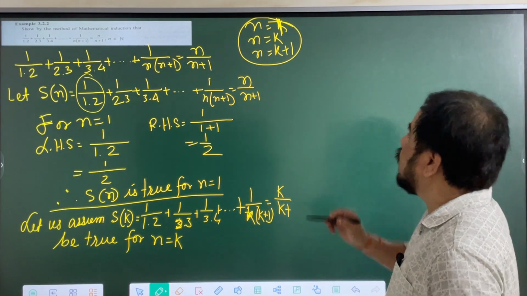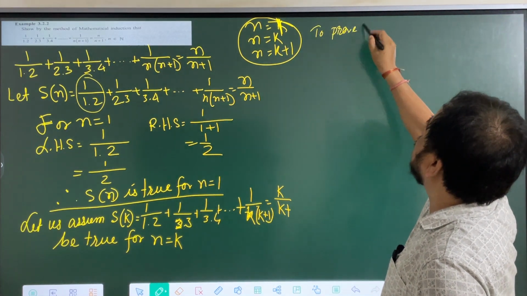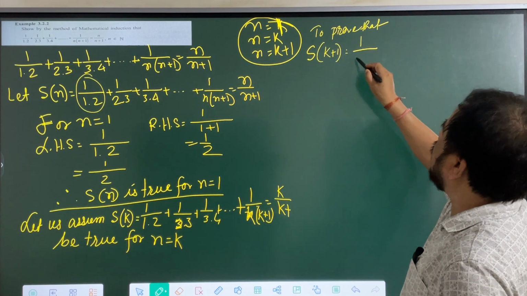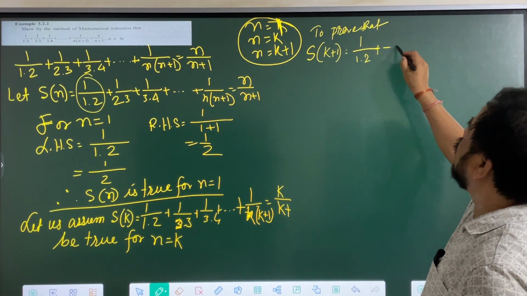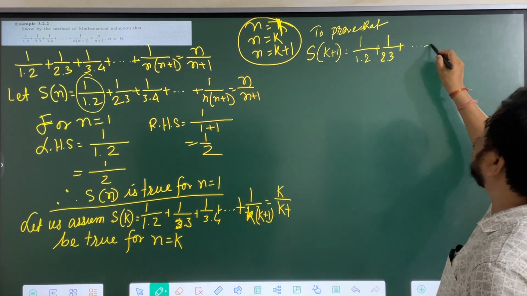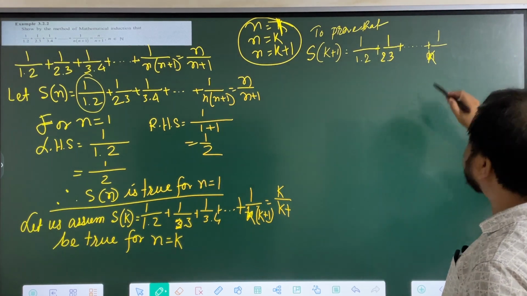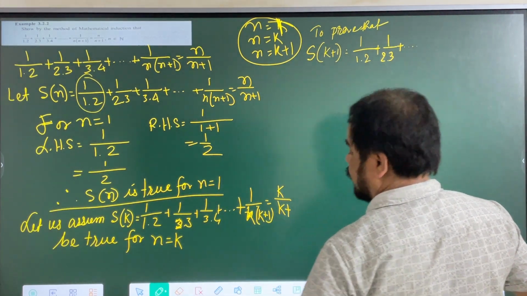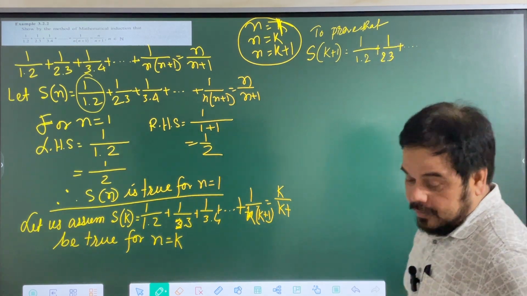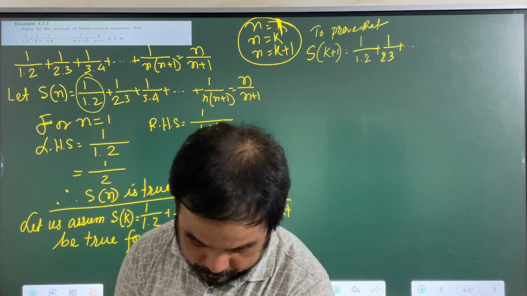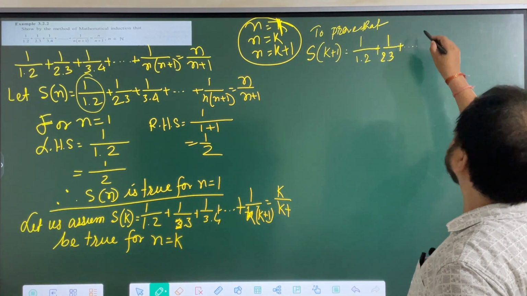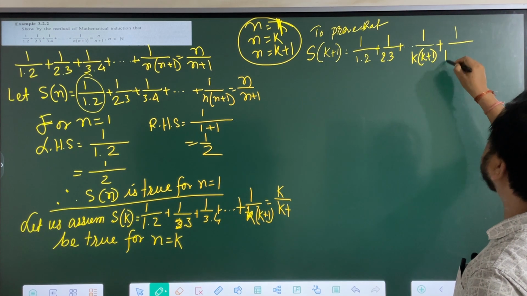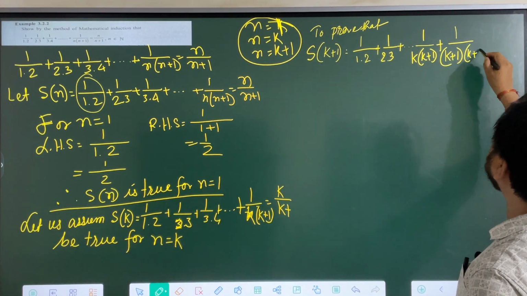Now to prove that Sk plus 1 equals 1 by 1 into 2, plus 1 by 2 into 3, and so on, plus 1 by k into k plus 1, plus 1 by k plus 1 into k plus 1 plus 1.